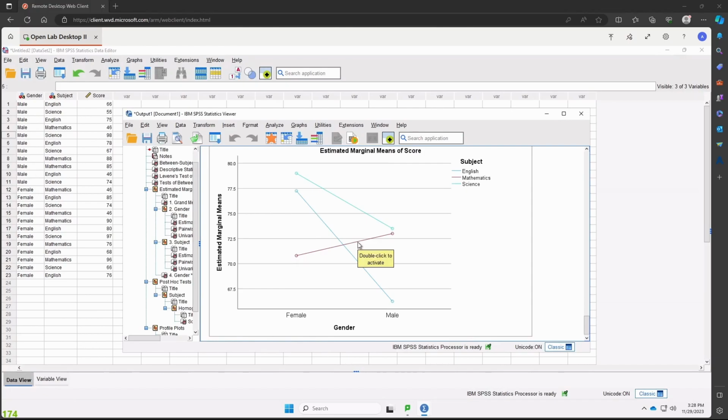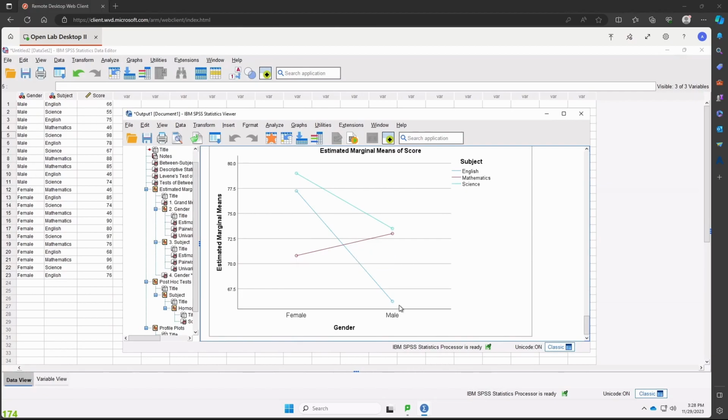And you can see that for the female, the score for mathematics is the lowest and English is higher, but the highest is science. But for male, you can see that science and mathematics are super close here, but English is way down here. So English is the lowest.